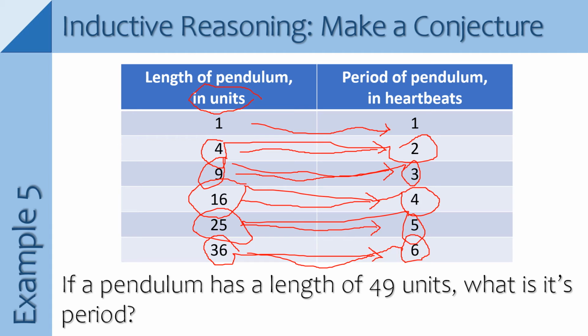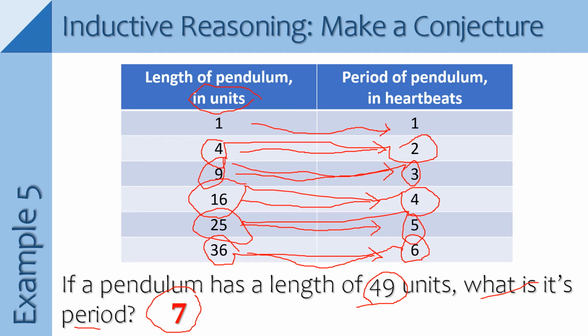So therefore, if we get the square root of 49, it is equal to its period. The square root of 49 is equal to 7. So if the pendulum has a length of 49 units, its period is equal to 7.